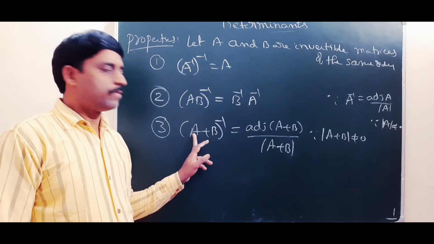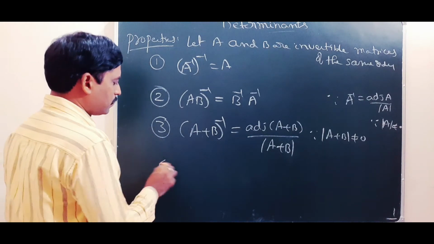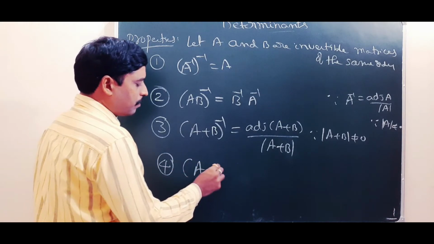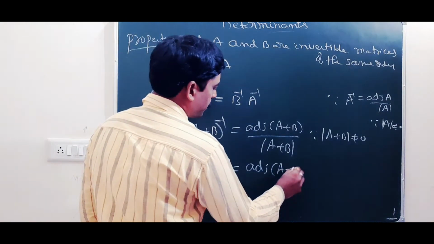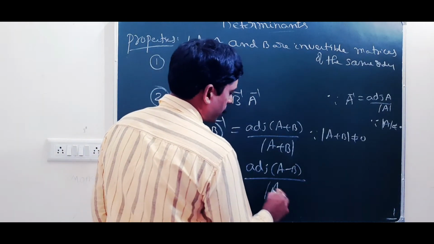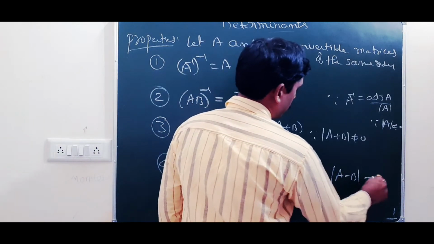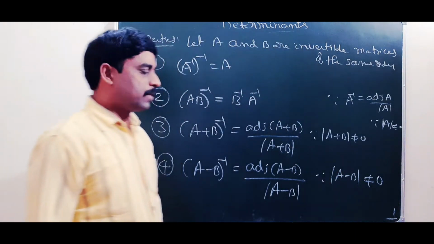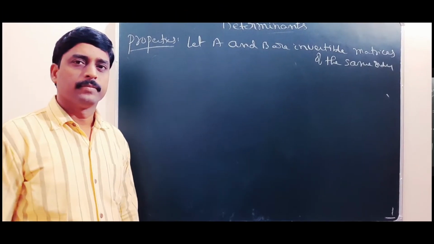A plus B whole inverse equals adjoint of A plus B by det of A plus B. Similarly, A minus B whole inverse is adjoint of A minus B by det of A minus B, where det of A minus B is not equal to 0. So A minus B is a non-singular matrix.